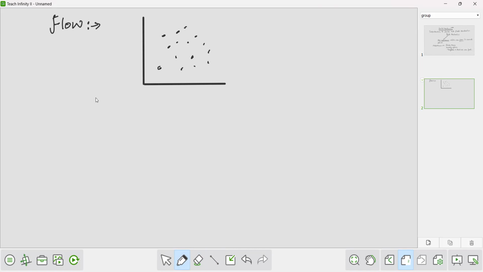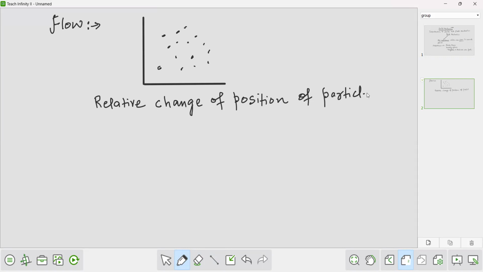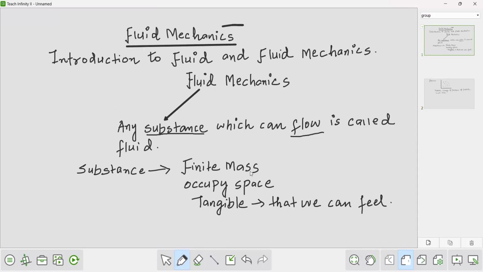We can define flow as relative change of position of particle with respect to time. This is called flow. Now you already understood the term, that is fluid.